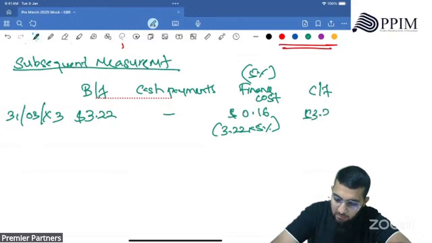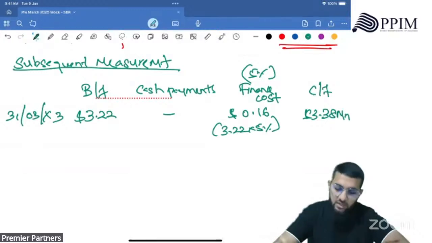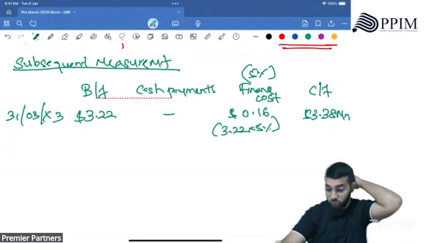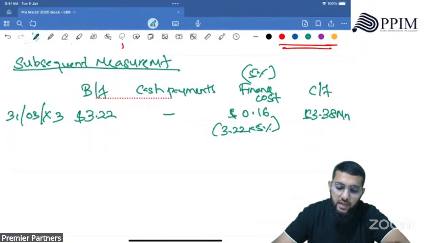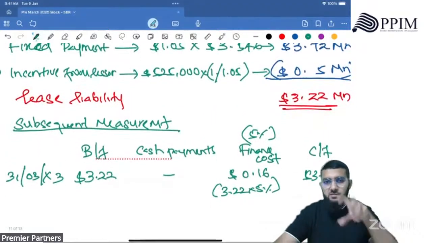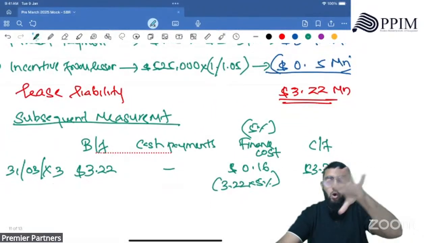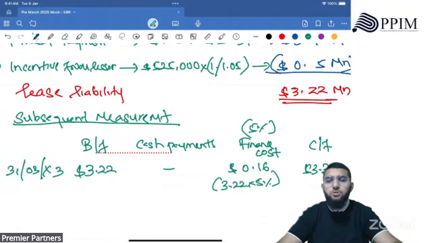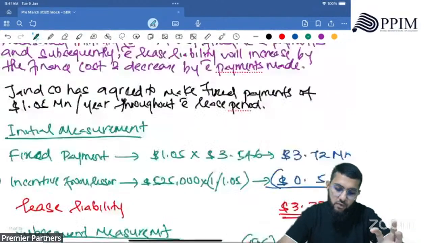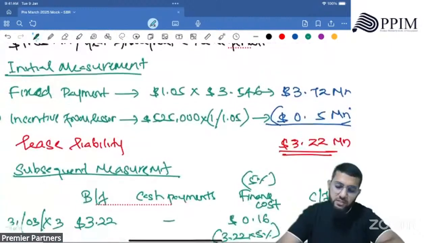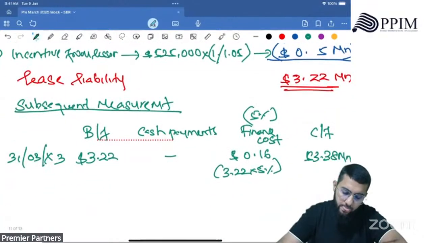So your closing liability will be 3.38 million. Now you are supposed to do this on Excel, or on the practice platform. But since I'm showing you the structure, I'm doing it here. Okay.